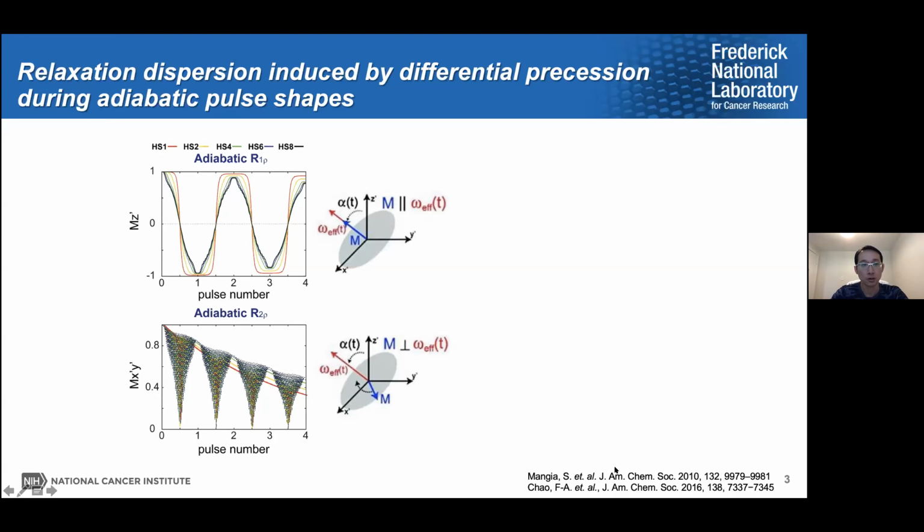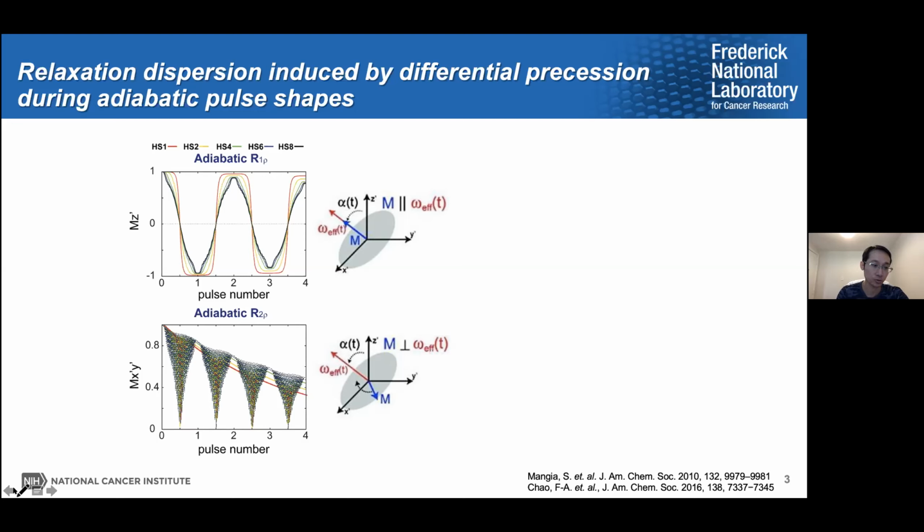Okay, so for adiabatic R1 rho experiment, we start with the magnetization aligned along the z-axis in the laboratory frame at the beginning. Then you start to apply the adiabatic pulse. Then you will see your bulk magnetization will follow the effective field.